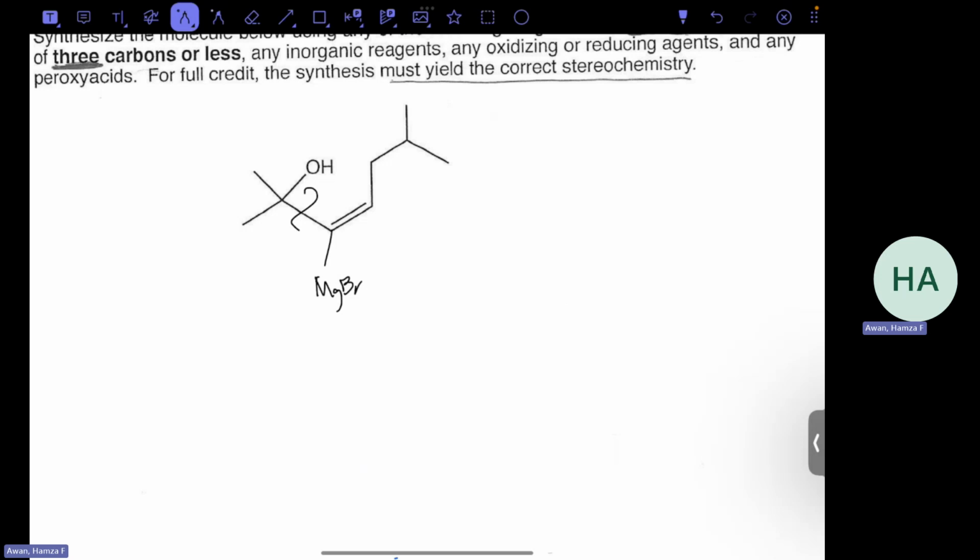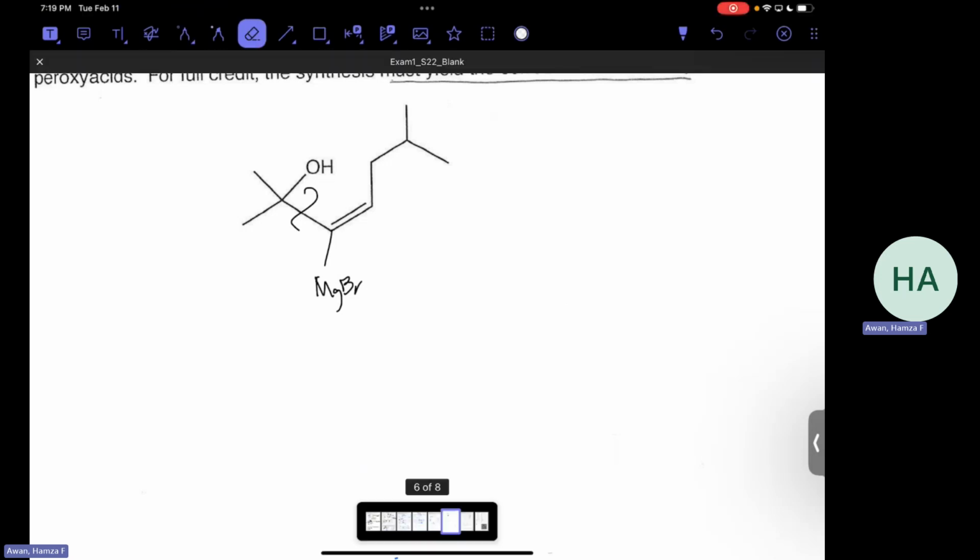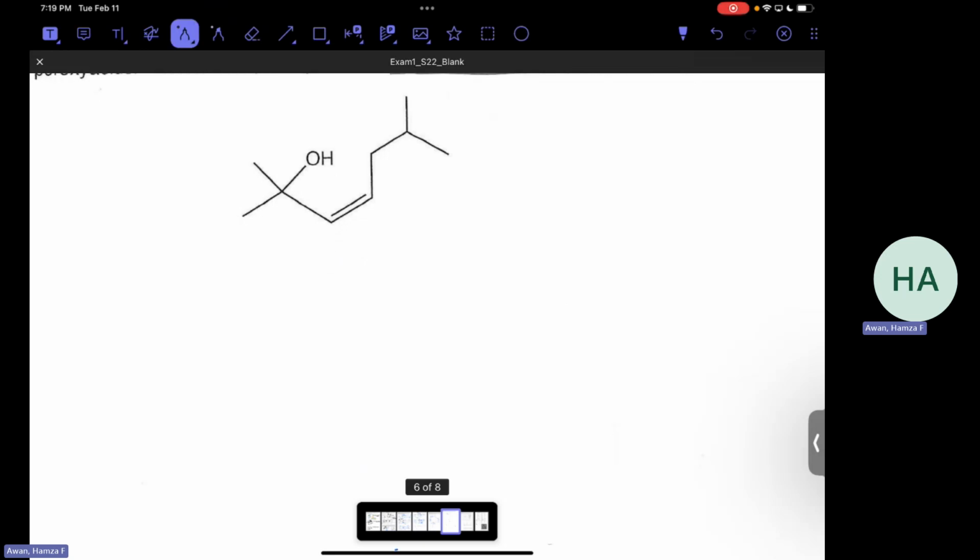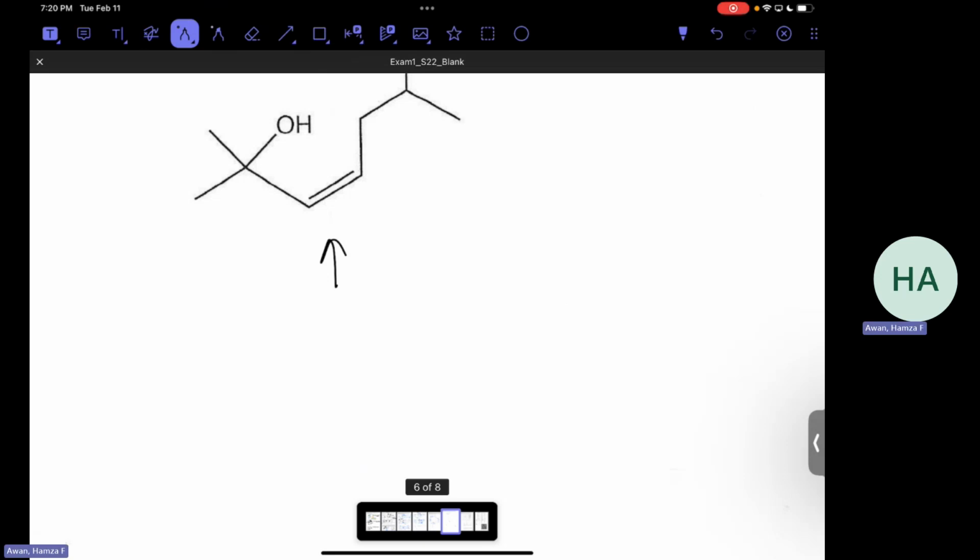Thank you so much. It's on a vinyl position. So because of that, we actually do not want to start with that, right? So our first step is not actually going to be H3O plus, right? Our first step, we're going to want to create this double bond, right? Because if we can get rid of that double bond, then maybe we can put something there instead, right?